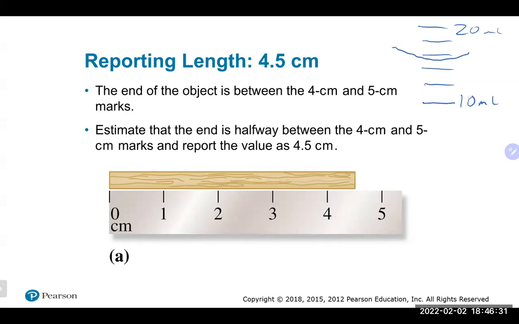Big marking is 10 and 20. So the big marking in this case is how many milliliters? 10 milliliters. There are 5 markings between 10 and 20.